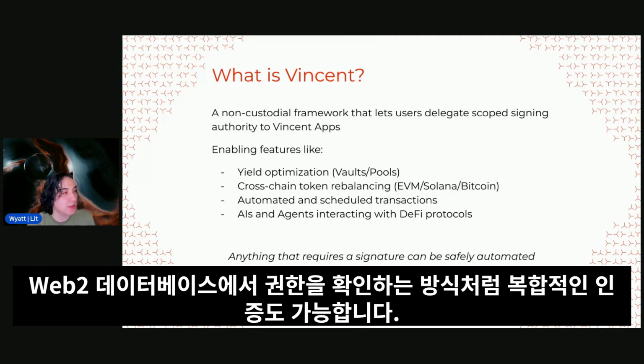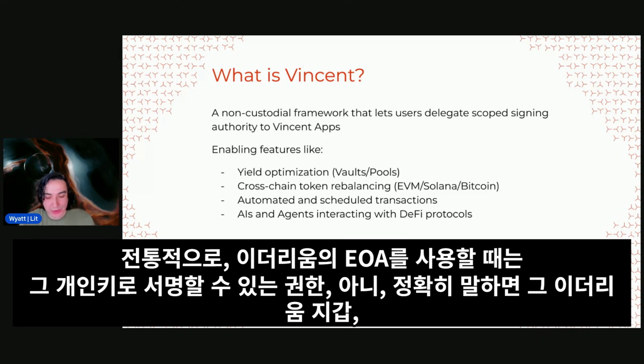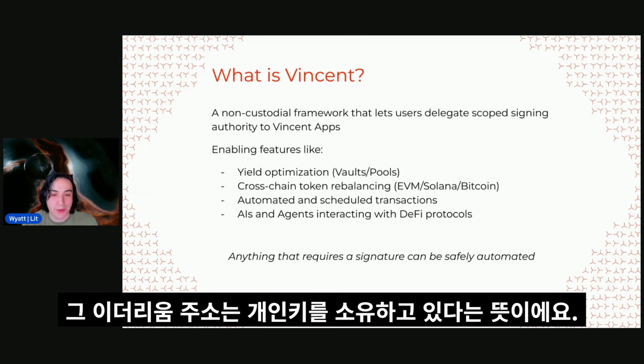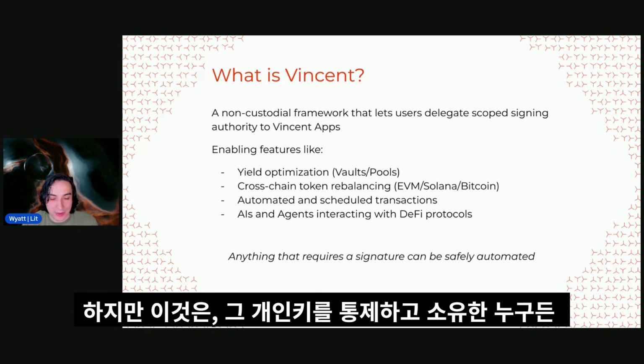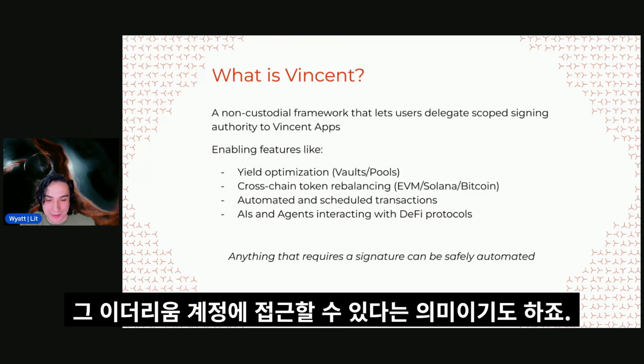And so with these PKPs, traditionally with an EOA on Ethereum, your permission to sign with that private key, or sorry, with that Ethereum wallet, that Ethereum address, comes from owning that private key. But that, of course, means that anybody who controls and owns that private key can have access to the Ethereum account.